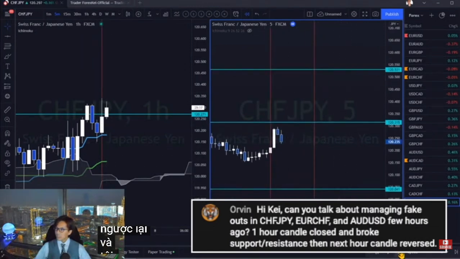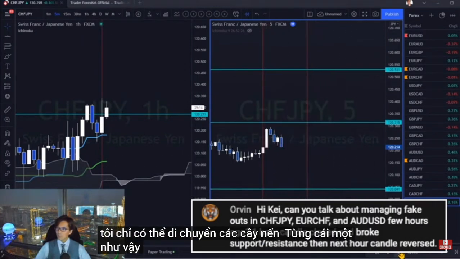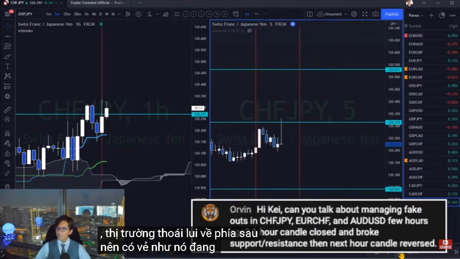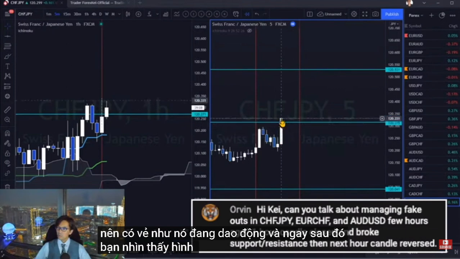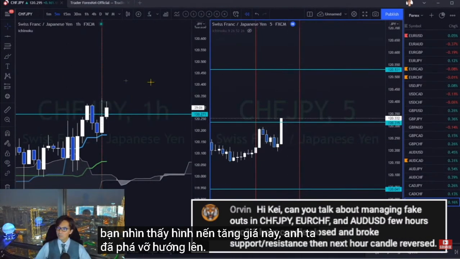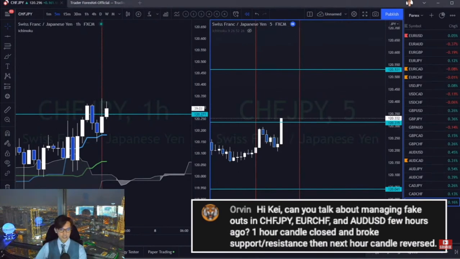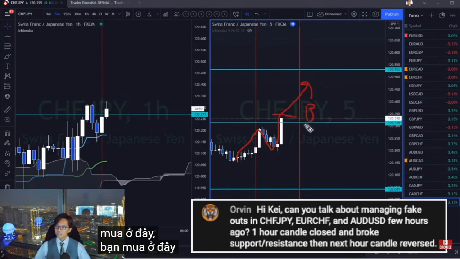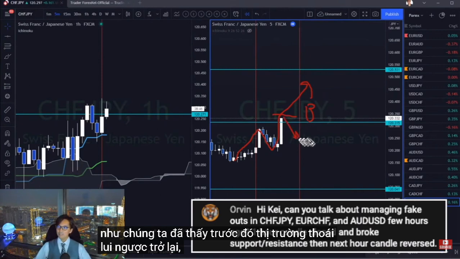If I move the candles one by one this way, the market retraces backwards. So it looks like it's ranging, and soon you see this bullish candlestick, it broke upwards. As soon as you see this breakout, you might go, oh, this is a breakout, this is an N wave, the market should go up this way, and you buy here. You buy here, and then, as we saw earlier, the market retraces backwards.